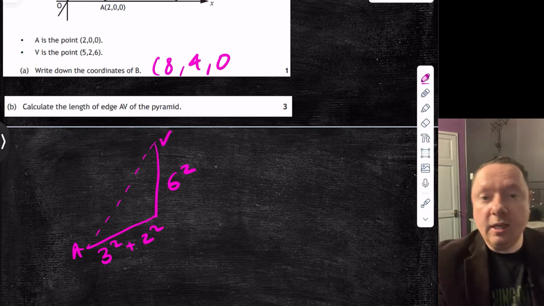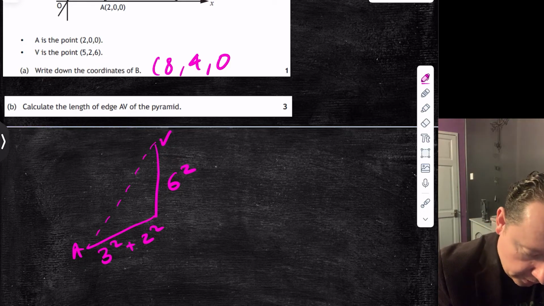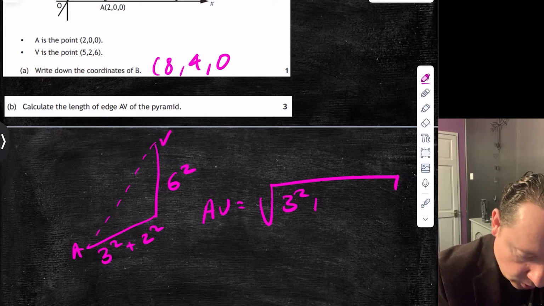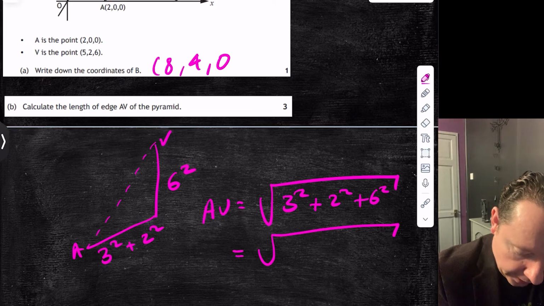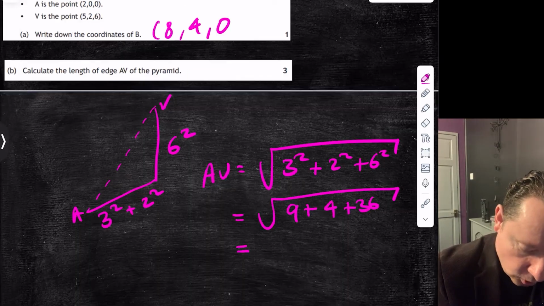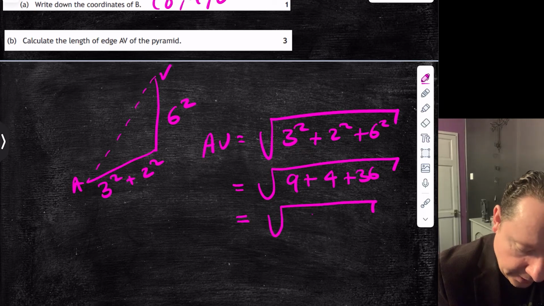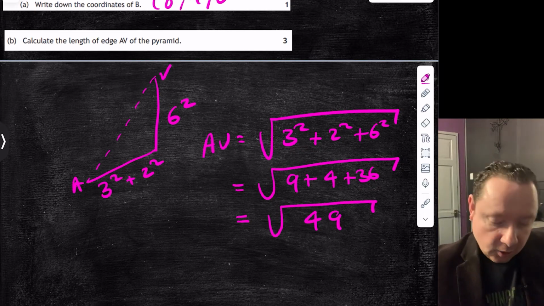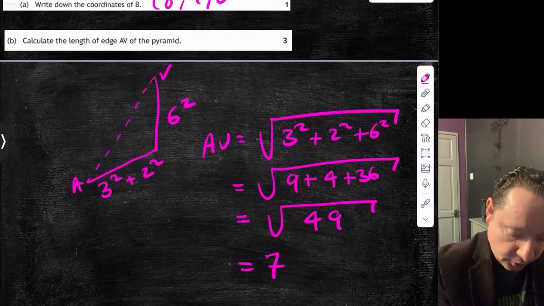So therefore, 3D Pythagoras, 3 numbers, the length of AV is equal to the square root of 3 squared plus 2 squared plus 6 squared. Well, that is the square root of 9 plus 4 plus 36. That equals the square root of 49. Take your time on that. And the square root of 49 is 7. So it's 7 units. And we're done there.